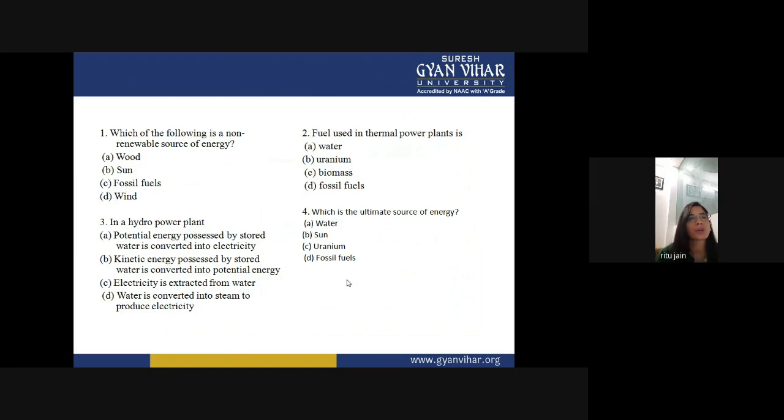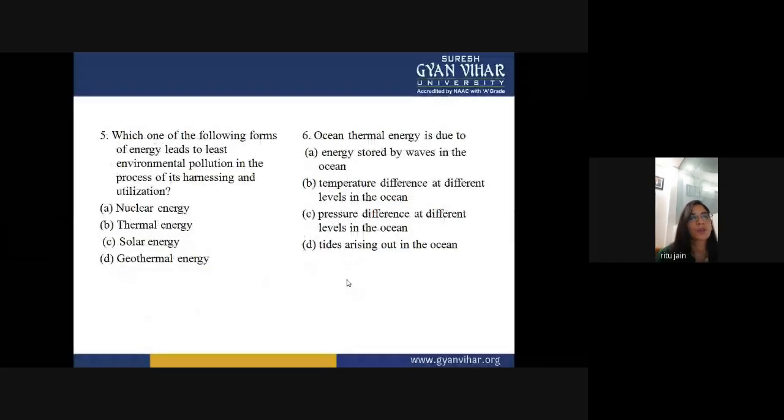Now, next one: the sun is the ultimate source of energy. Which one of the following forms of energy leads to the least environmental pollution in the process of its harnessing and utilization?